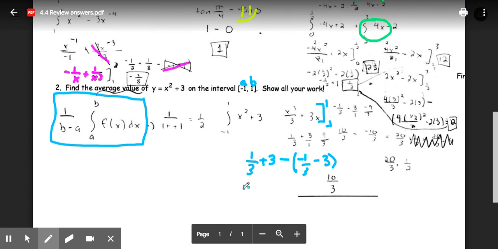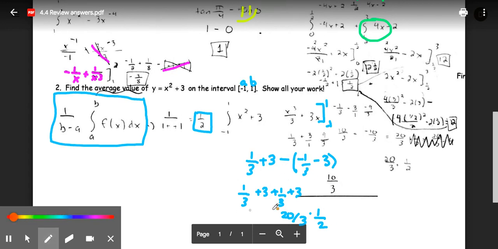So that's going to be 1/3 plus 3 plus 1/3 plus 3. So this ends up being 20/3. And then don't forget this, guys. That was your times 1 over b minus a from the beginning. So you're timesing by a half in the beginning, and that reduces to this answer 10/3.